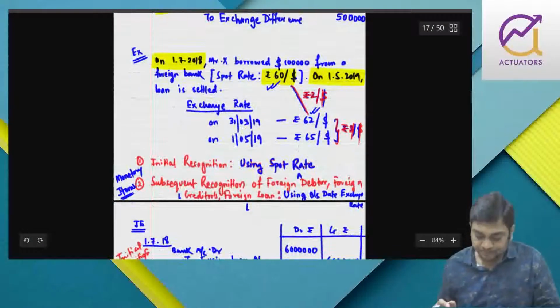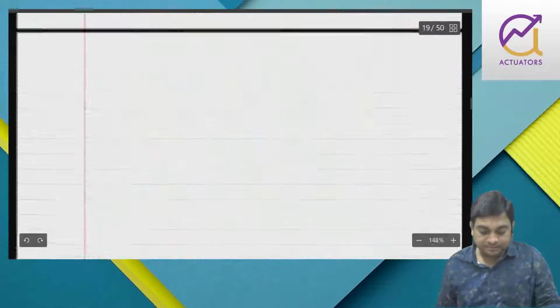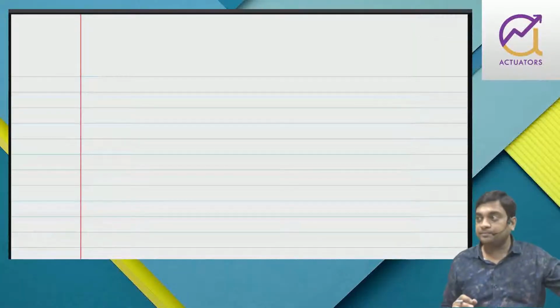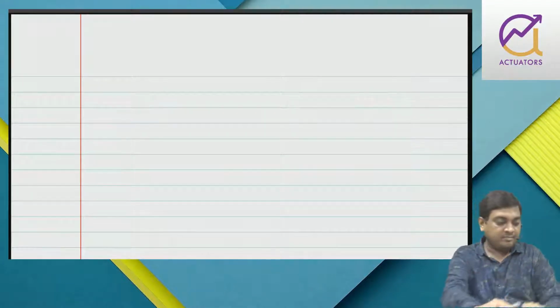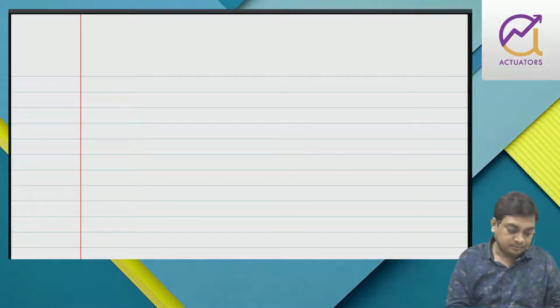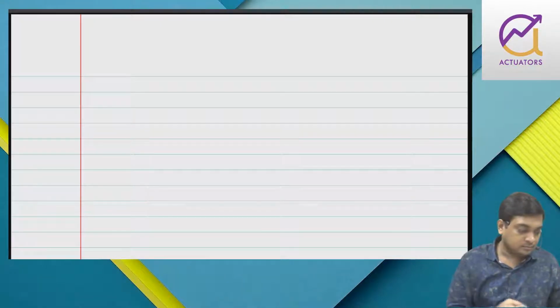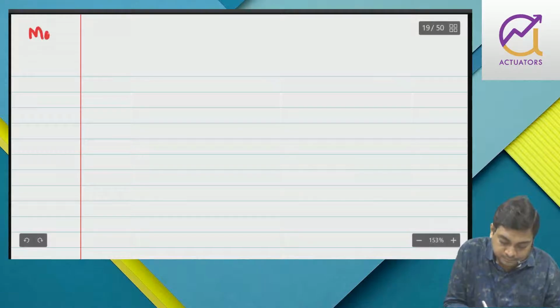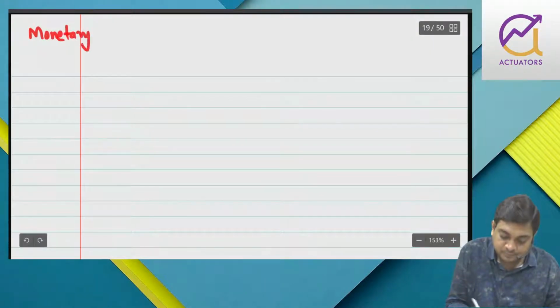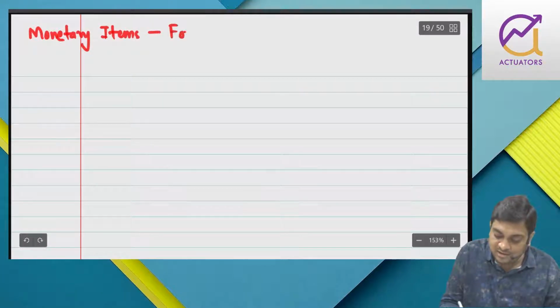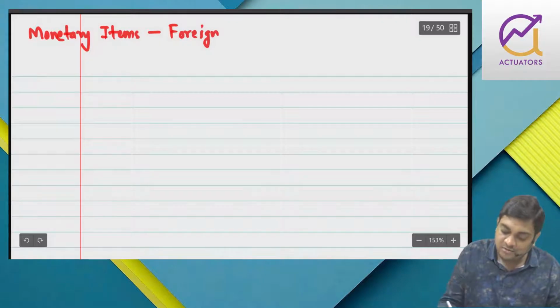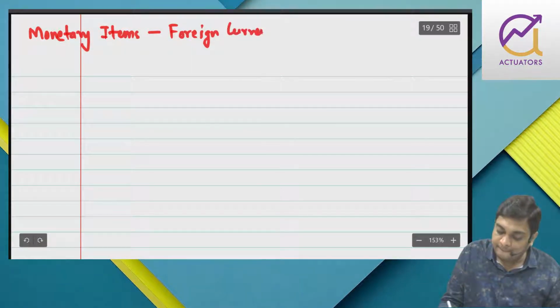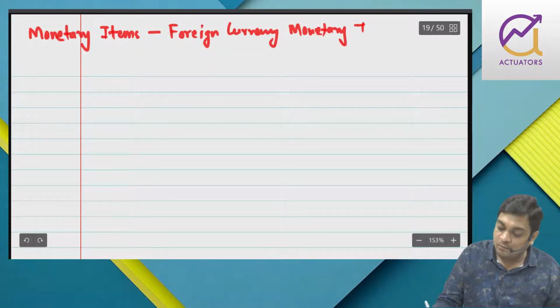So now write down: monetary items, this is commonly known as foreign currency monetary items.